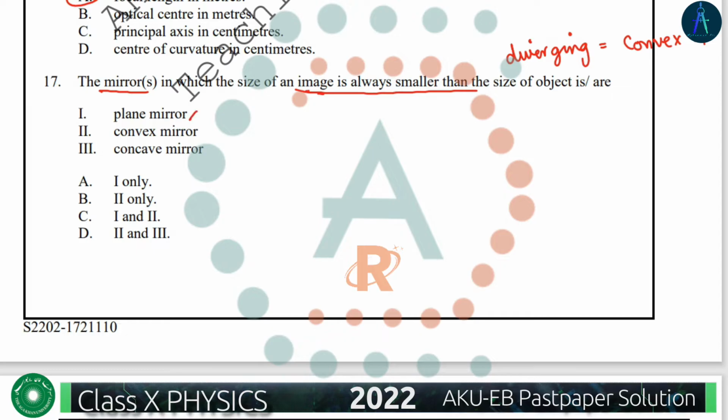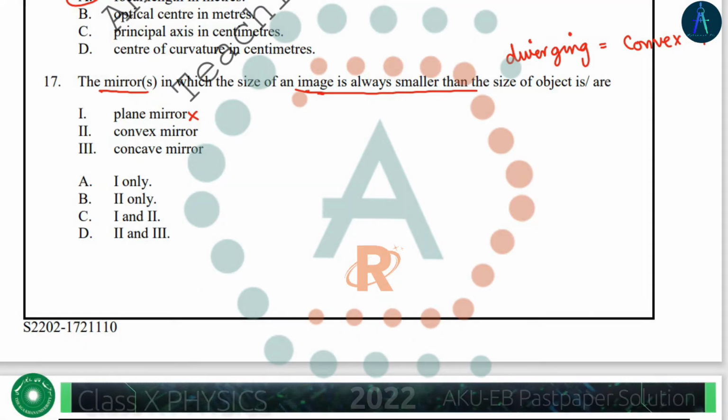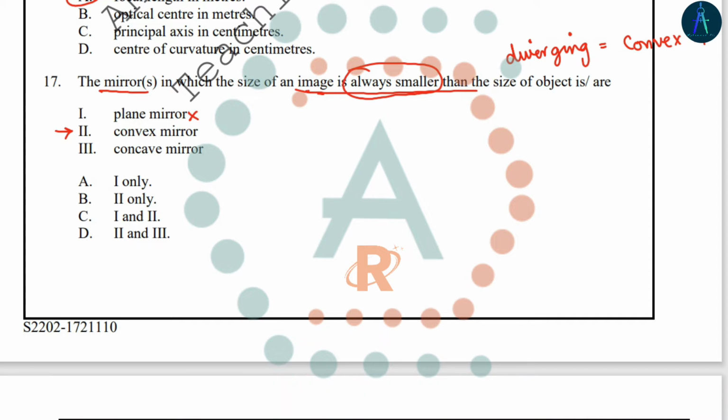In a plane mirror, we always get an image that is equal in size to that of the object. A concave mirror is a converging mirror, which means that it forms equal, greater or smaller images. The question states always smaller. This means that condition 2, in which we have the diverging mirror, the convex mirror, is the right answer, option B.